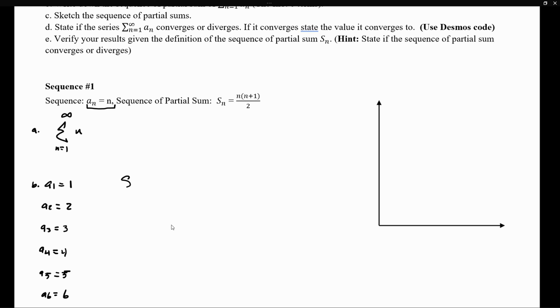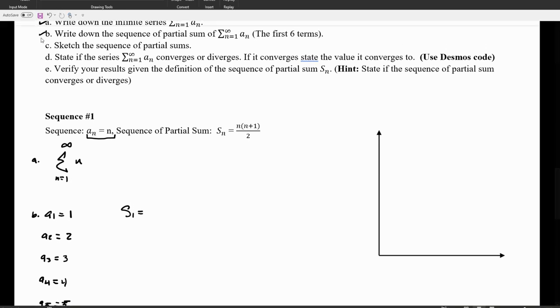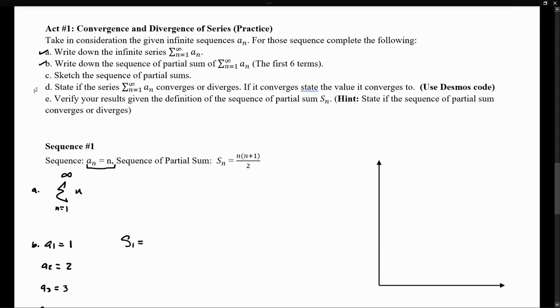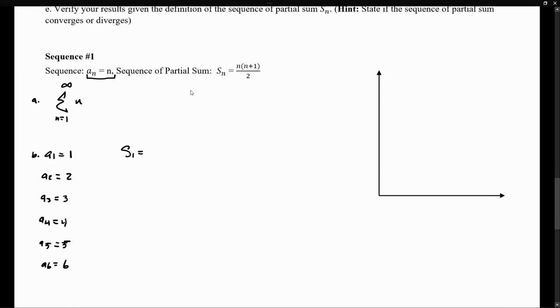So now let's actually find the partial sums, because that's what we wanted to do here. We wanted to write down the sequence of partial sums. So that's the first partial sum, that's the second, the third, the fourth, the fifth, the sixth. The first partial sum is just the first term, which is 1.